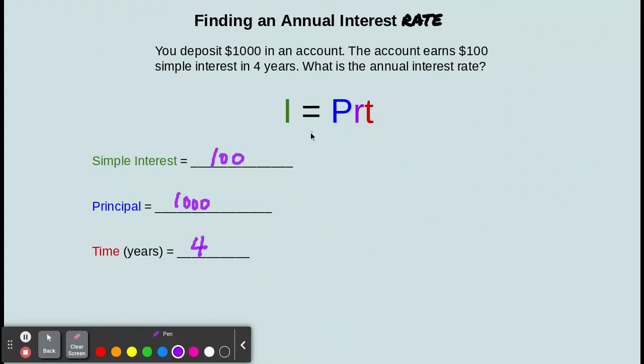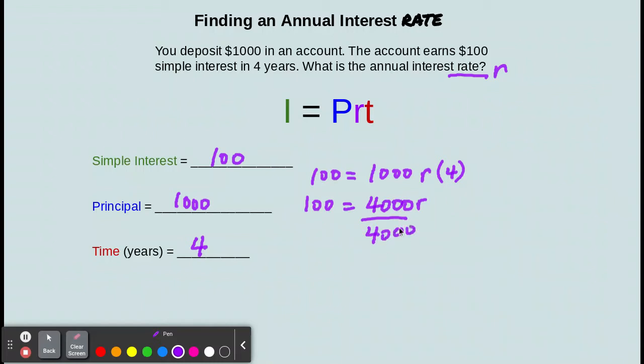All right, so we can use these numbers to help us calculate the rate, R. So simple interest was 100. That equals our principal, which was 1,000, times our rate, which we don't know, times 4 years. So this simplifies down to 100 equals 4,000 R. Divide both sides by 4,000 so we can get our R.